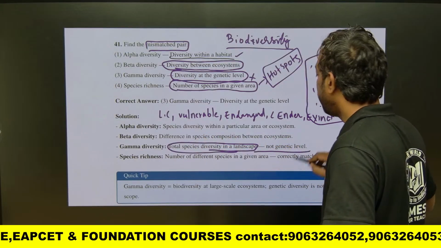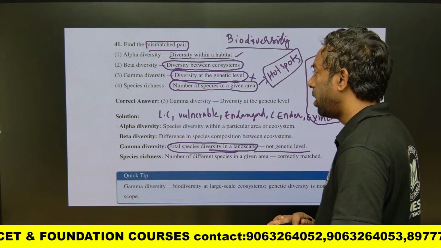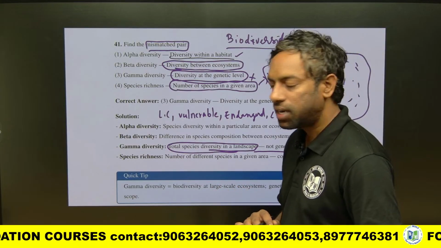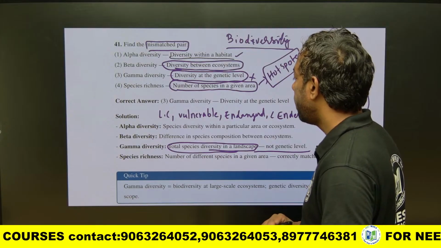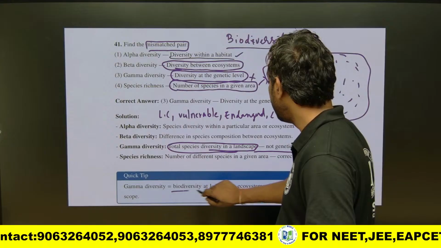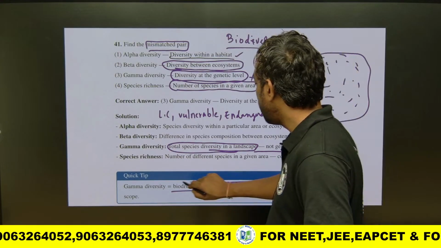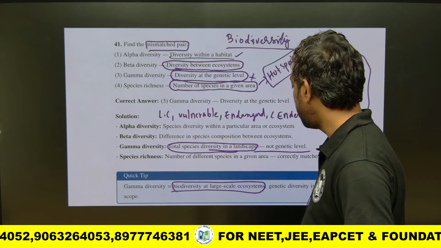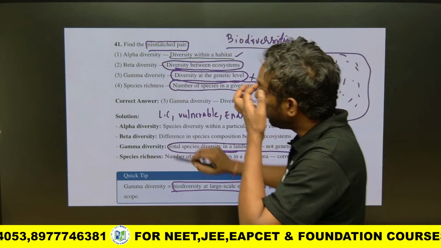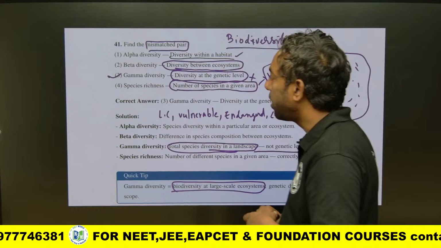And species richness is nothing but the biodiversity hotspots. Gamma diversity is the biodiversity at the scale level of the ecosystem, not the genetic level. So the answer is the third option, which is incorrect.